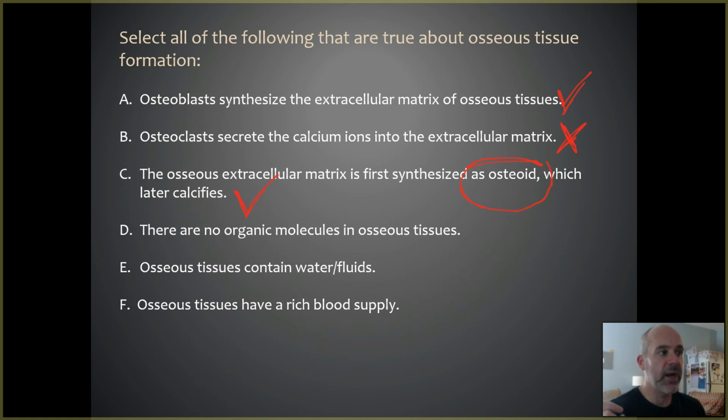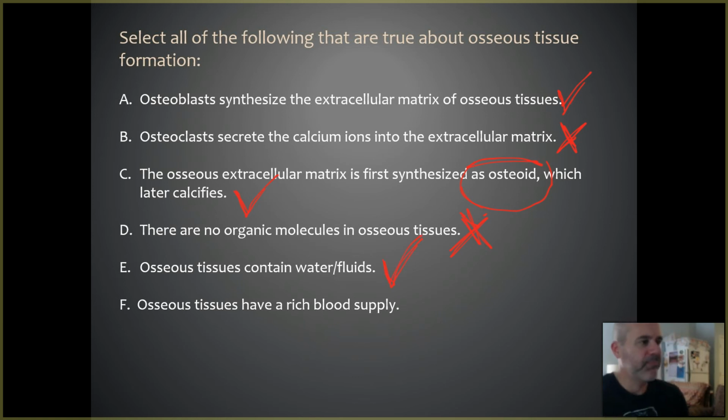Okay, D, there are no organic molecules in osseous tissues. Nope, that's false. We just mentioned some of the organic molecules in your osseous tissues, like collagen fibers, for example, or proteins. Those are organic molecules. Osseous tissues contain water and fluids. Yes, you have water essentially everywhere in your body. There's no part of your body that is dry like stone.